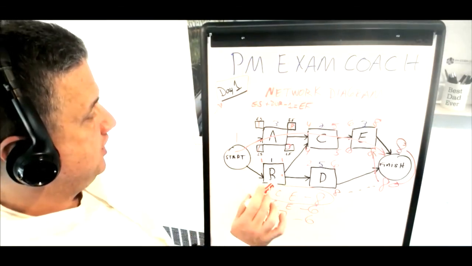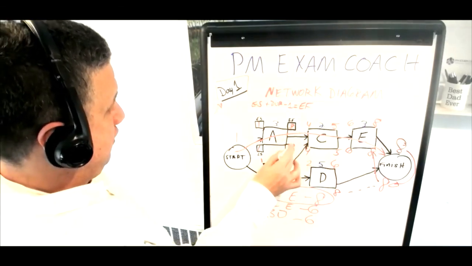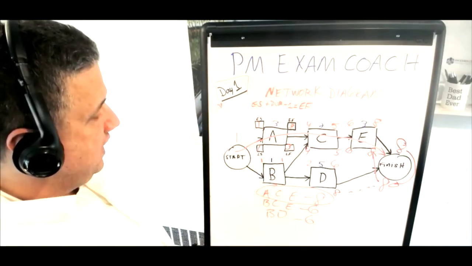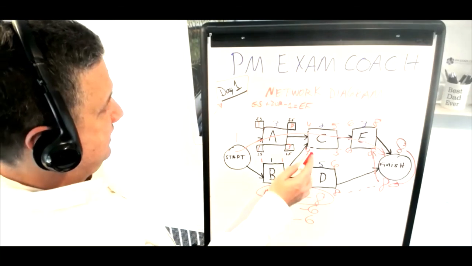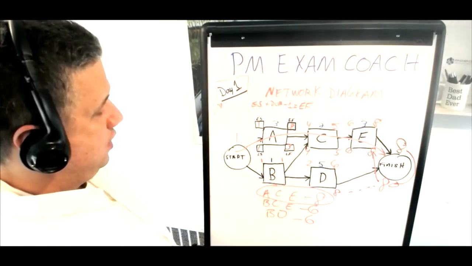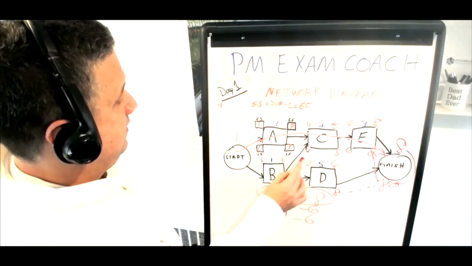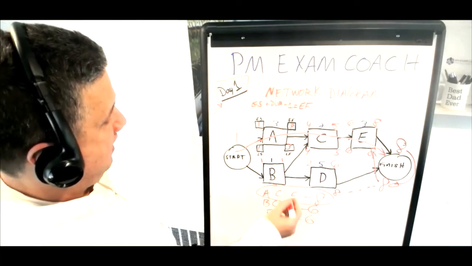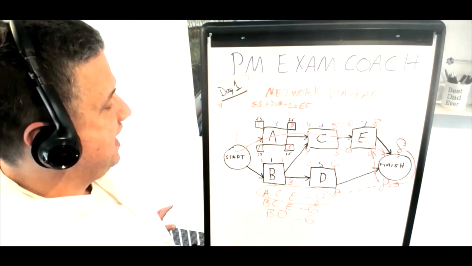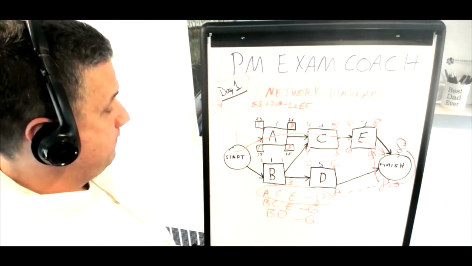Now we've got to go finish, E, C, B. We've already done E and C, so now we just need to go from C down to B. If activity C can finish as late as day 4, what is the latest that activity B could finish without impacting that 4? The answer is activity B would have to finish no later than day 3, otherwise it causes a delay to day 4.